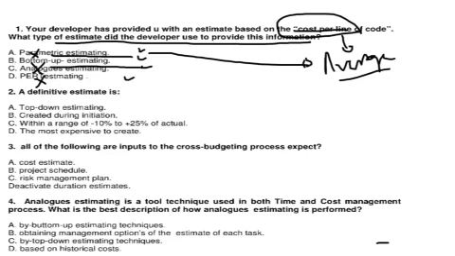A definitive estimate is top down, created during initiation. That is wrong. It's within a range of -10 to +25, so this is also wrong. A definitive estimate can be bottom up as well, so it need not always be top down. So this is wrong.